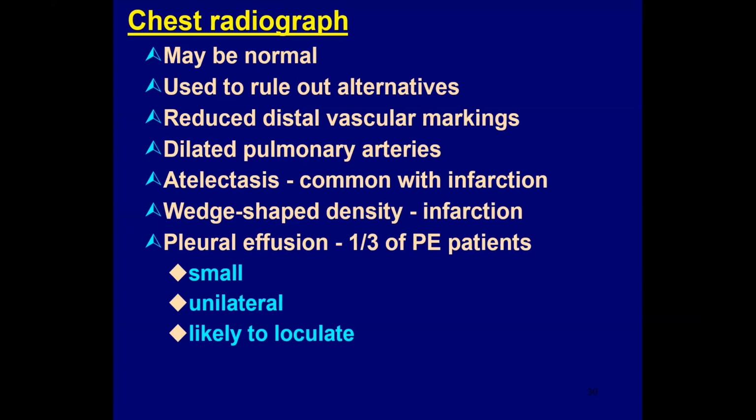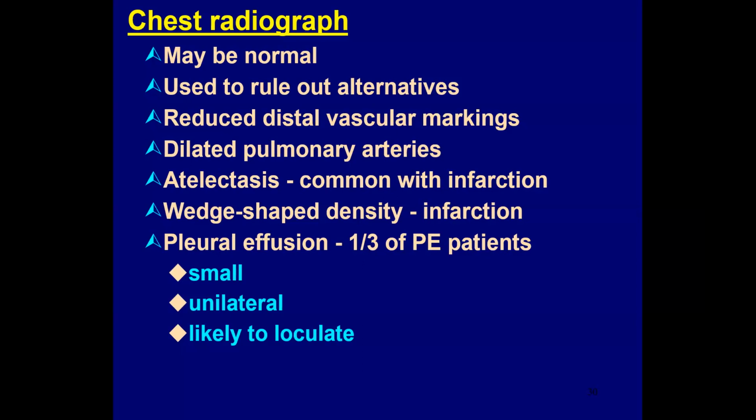We may see reduced vascular markings distal to the embolus, dilated pulmonary arteries, atelectasis. Again, this is common with an infarction. The wedge-shaped density on the chest also shows an infarction, as we've seen earlier, and there may be a pleural effusion in about a third of pulmonary embolus patients.